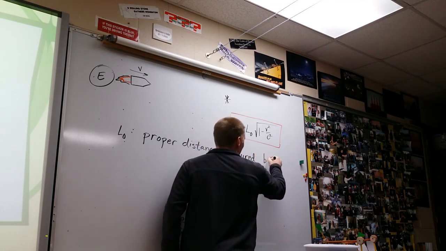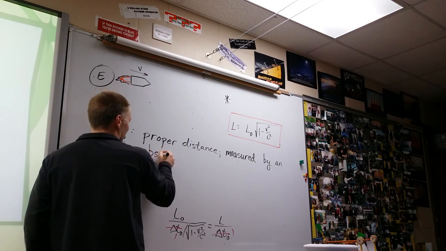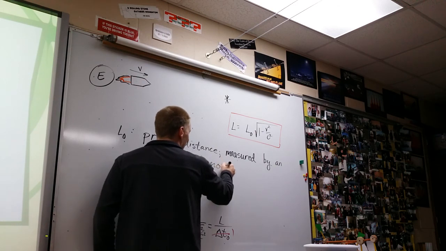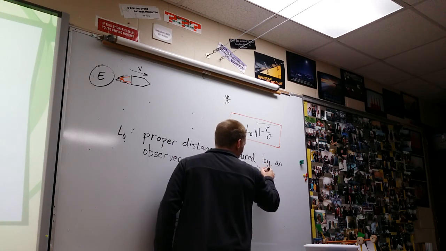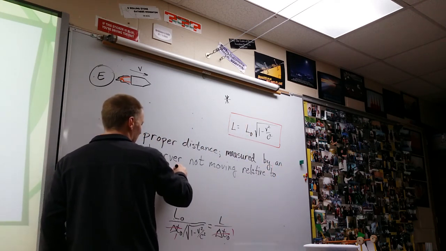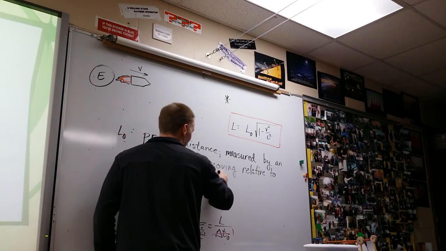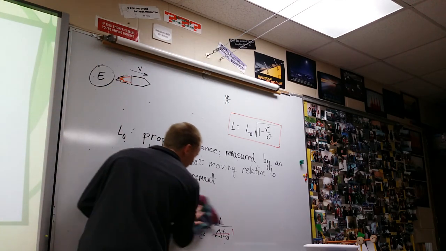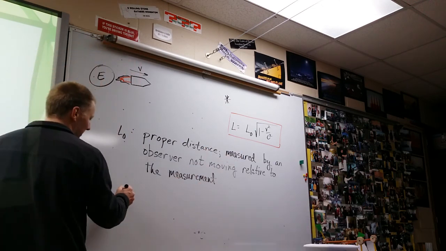I thought that was the one moving with it because it's kind of... L is the distance measured by the person who is moving. So we usually call that a contracted distance.